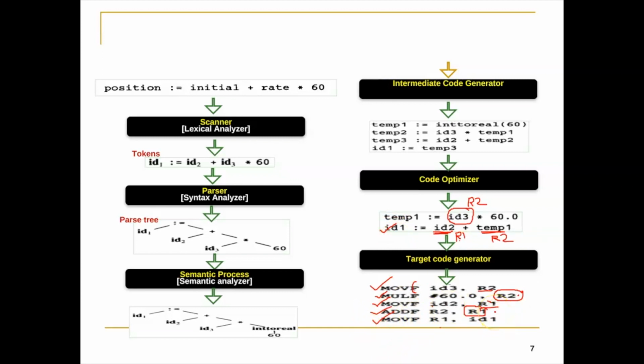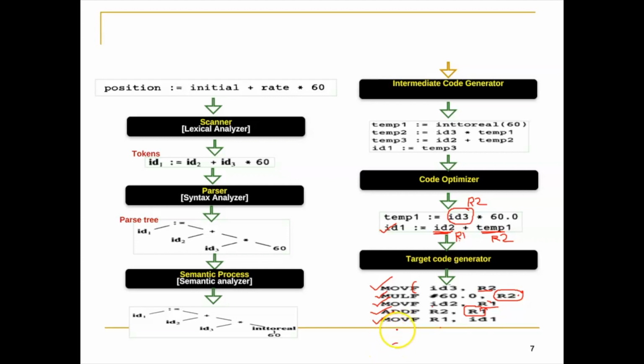So this is basically how the target code will be generated. Each statement in this optimized code will be taken, and its corresponding registers will be identified, its location will be identified, its mnemonic operation, all those things will be specified clearly in the target code. Again, let me repeat once more: it is not compulsory that the target code must always be in assembly language.